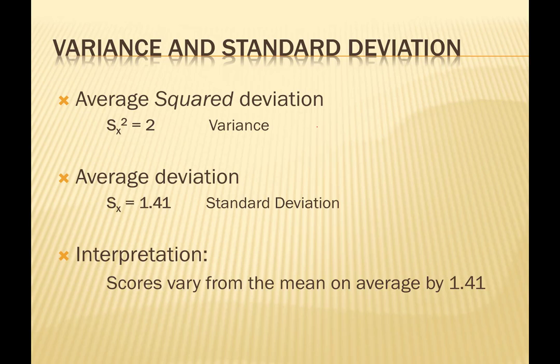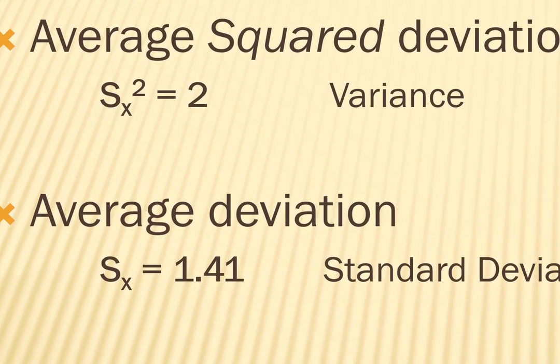The symbols we use for variance and standard deviation are such that for the average squared deviation, we keep the squared in the symbol to tell us that that's variance. So the symbol is S sub x squared for the variance. And then it makes sense that for standard deviation, the notation should not have the squared in it.